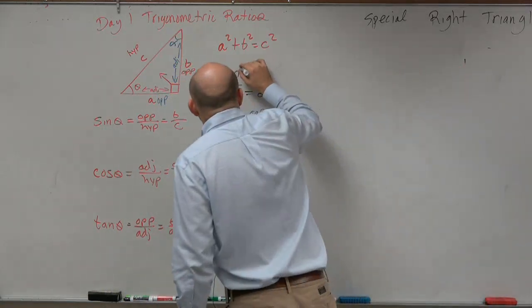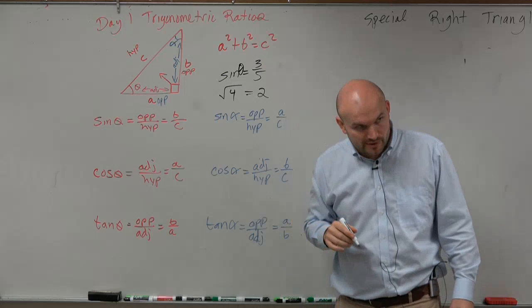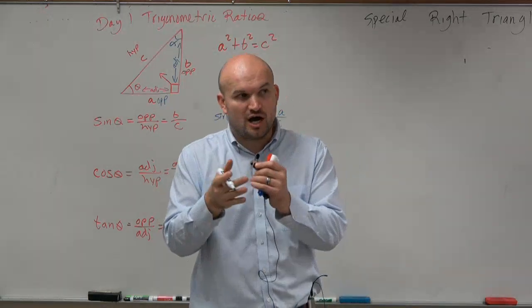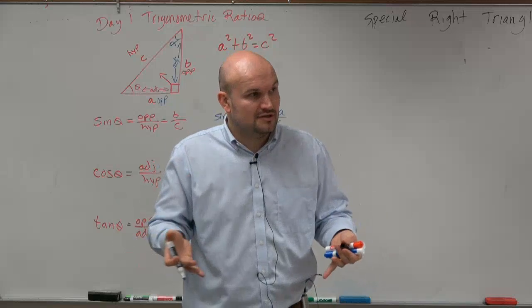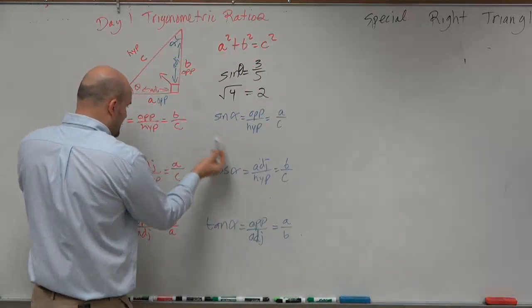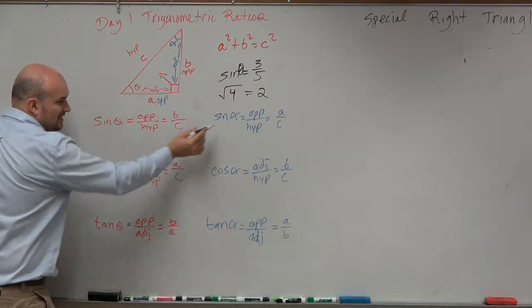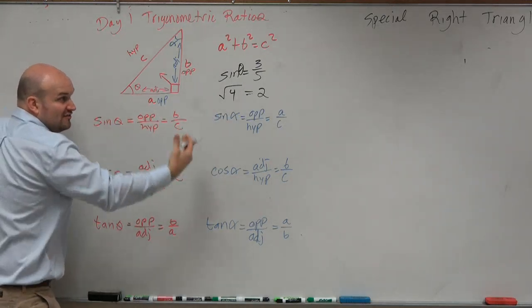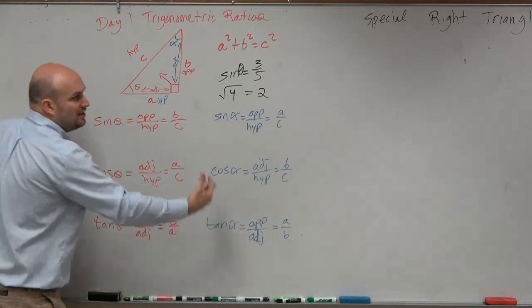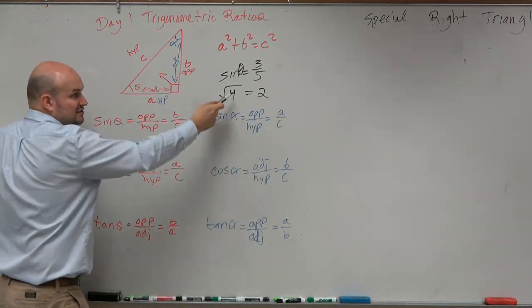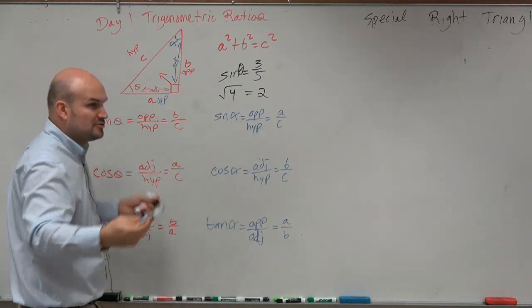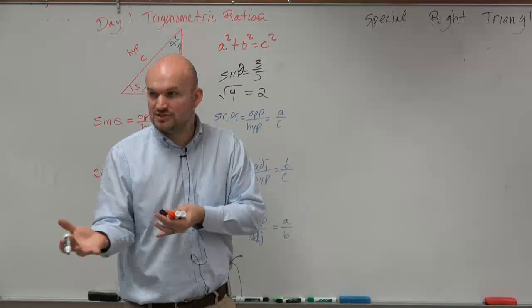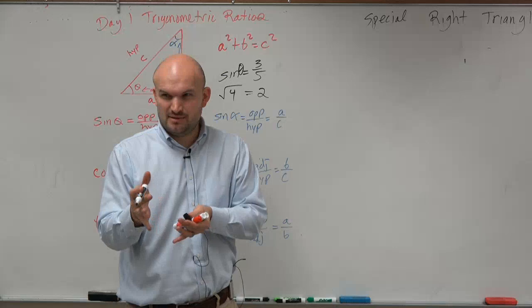The sine of an angle is equal to 3 over 5. So just remember, guys, these trigonometric ratios are of an angle. So just make sure when you're talking about sine or cosine, you're always inputting the angle that you're referring to, because it's the sine of an angle, cosine of an angle, tangent of an angle. It's not the square root equals 2; no, the square root of the radicand equals whatever that value. Does that make sense a little bit?